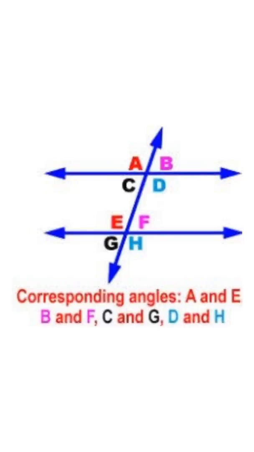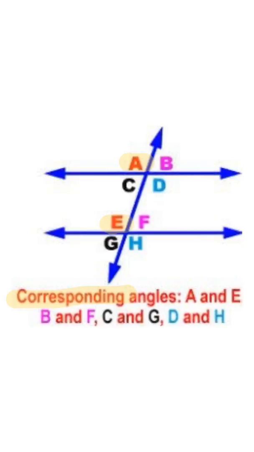The next type of angle is corresponding angles. Corresponding angles are angles that are in the same place but on a separate parallel line. For example, here we have A and E. They are both in the top left of their quadrant.